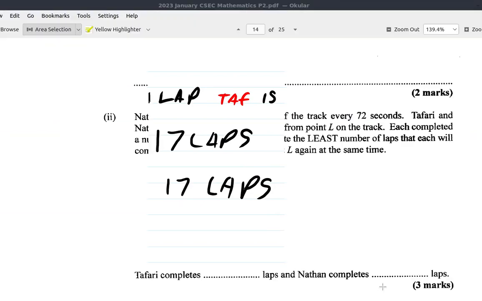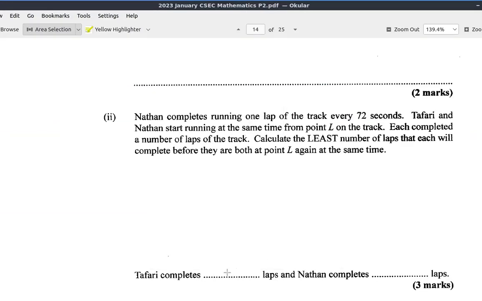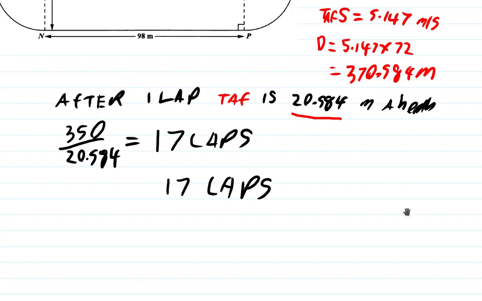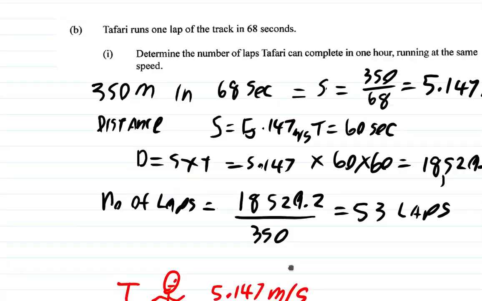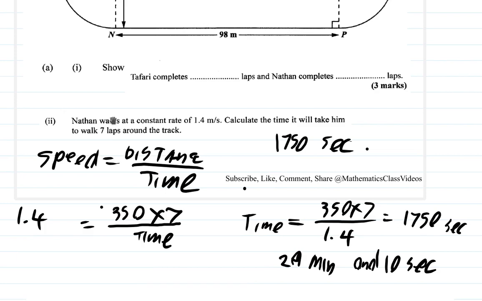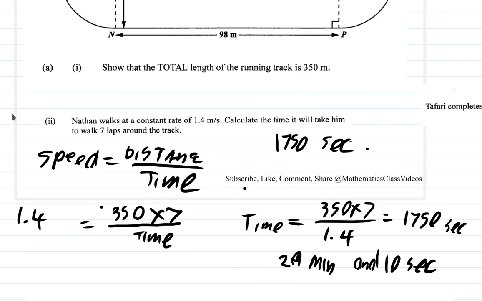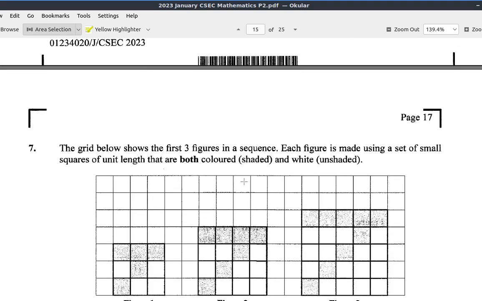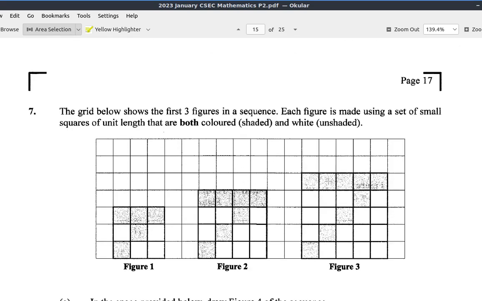So here, Tafari 18, Nathan 17 laps. Alright, so that is it for now. We'll move on to question 7 next time.